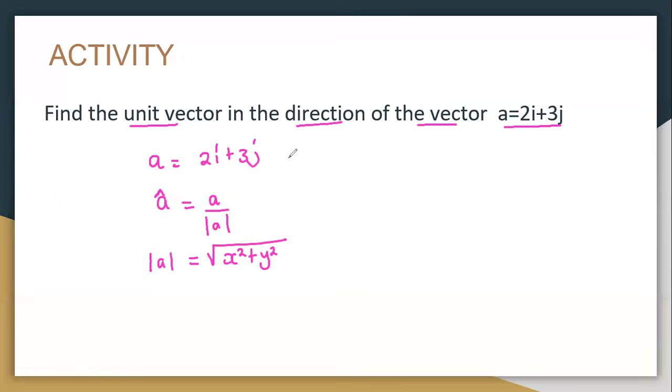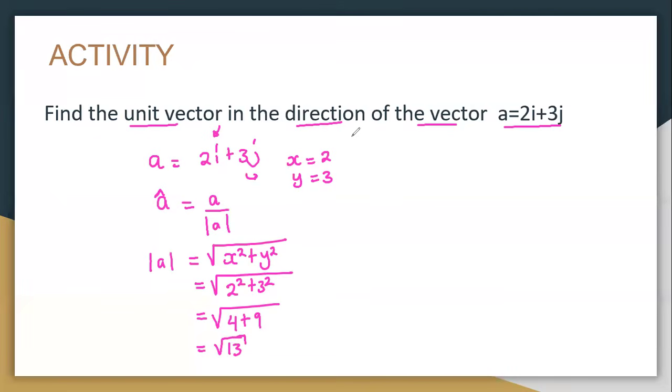And when you look at the vector that has been given to us, you notice that the i component has the x value, which is 2. Then the j component has the y value, which is 3. So that means we are going to say this is 2 squared plus 3 squared. And this will give us 4 plus 9. So when you have 4 plus 9, you end up with root of 13.